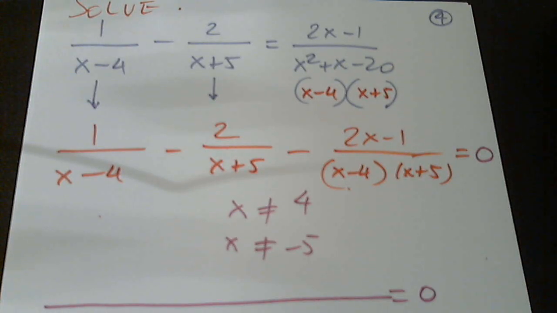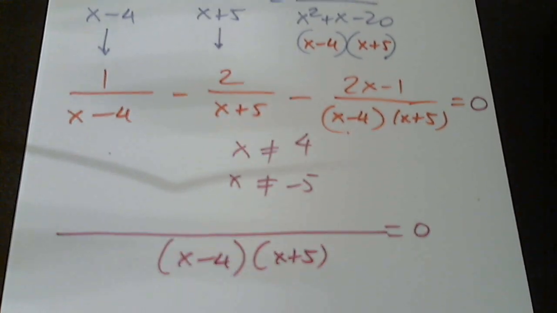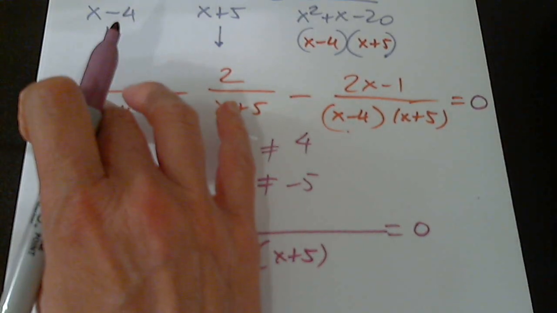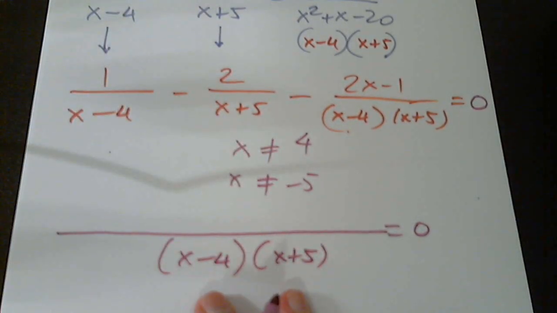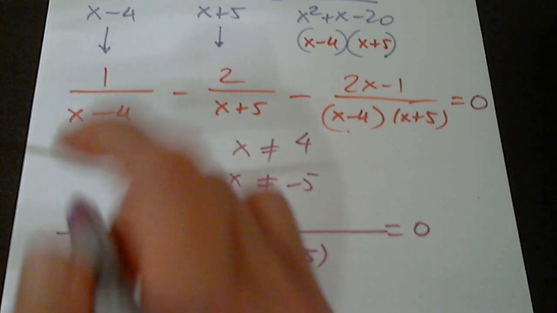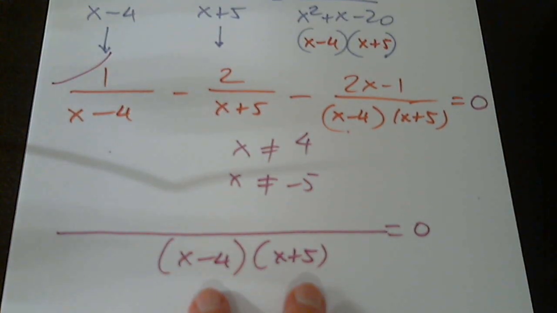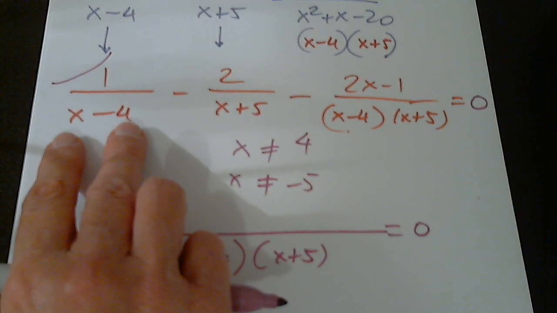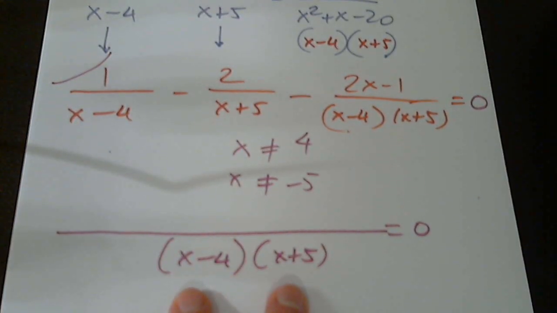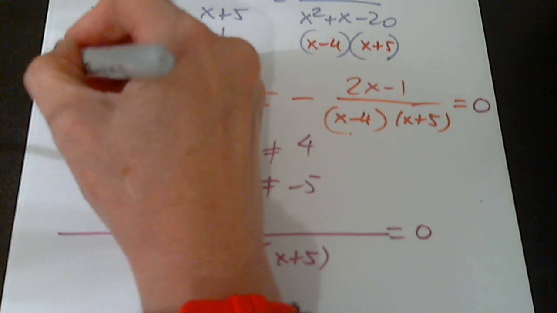x minus 4 times x plus 5. Thank you very much. Good. What factor did we multiply x minus 4 by to get this product of these two factors? x plus 5. Thank you.